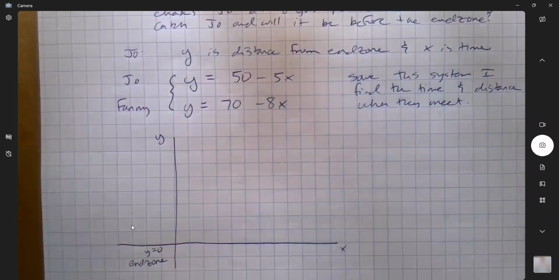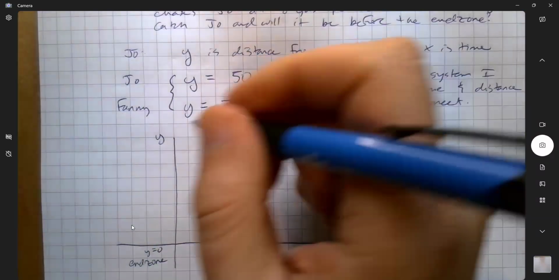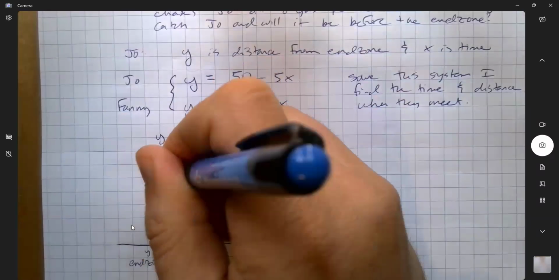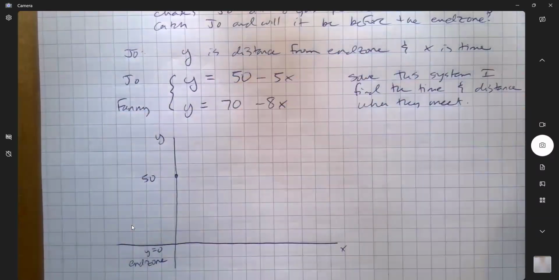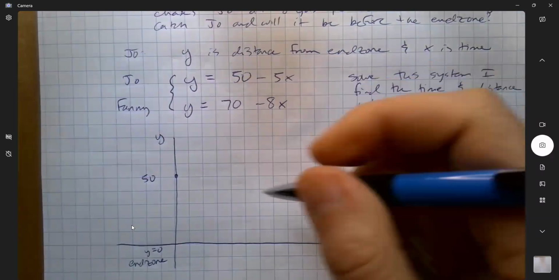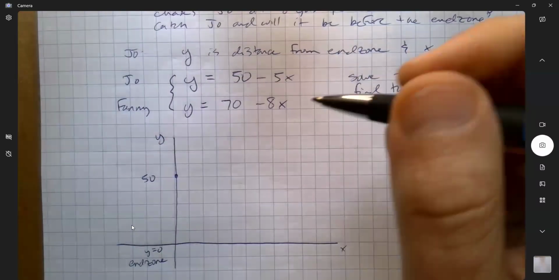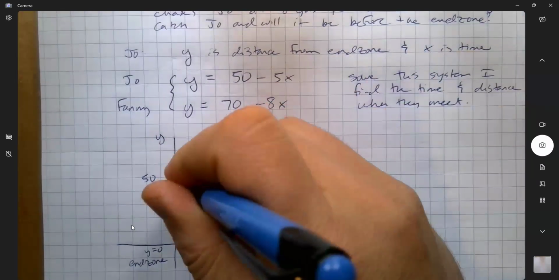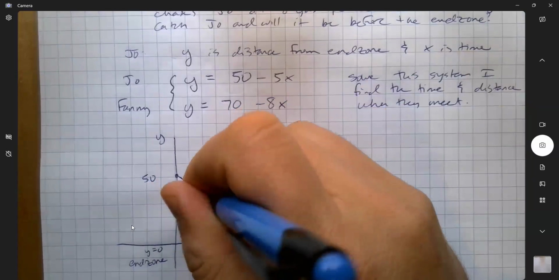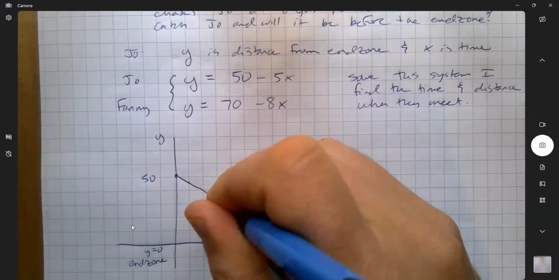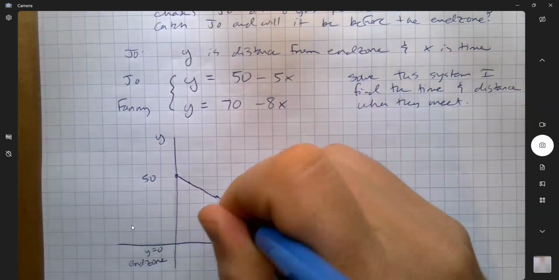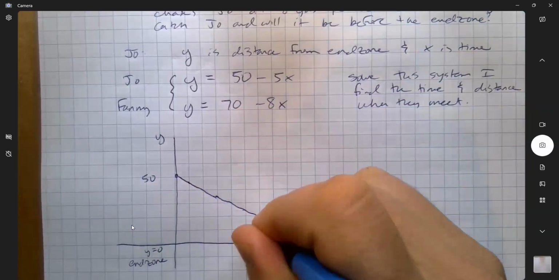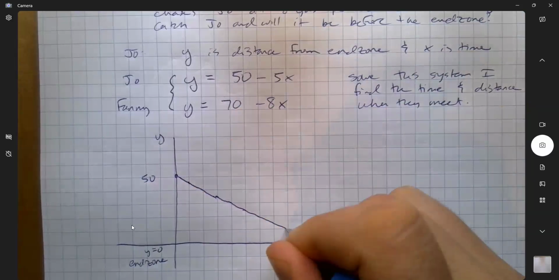All right, that is when the distance to the end zone is 0. So Joe is going to start here at 50 yards. And every second, Joe's going to run 5 yards closer. So I've changed my scale a little bit just to be able to draw it. That's why these lines look different than Desmos.